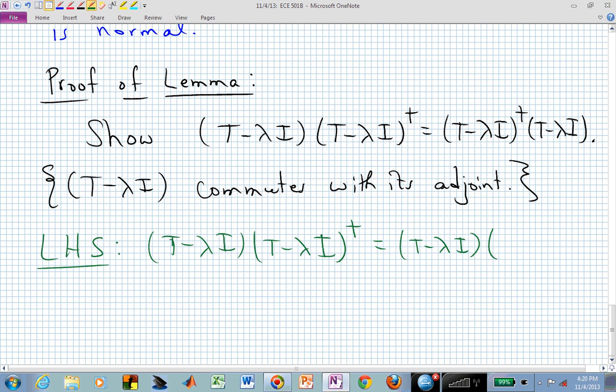The adjoint of that sum is now the adjoint of T, and what happens if I take the adjoint of lambda I? If we have an orthonormal basis, it's the complex conjugate transpose of the original map.